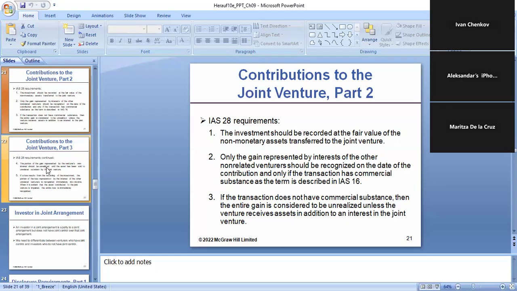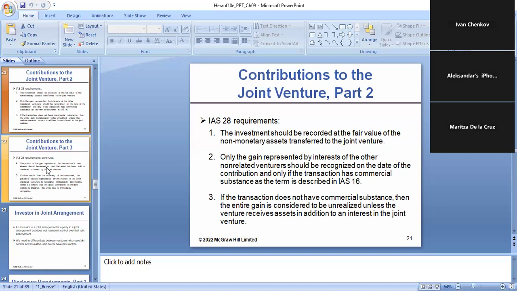If the transaction does not have commercial substance, then the entire gain is considered to be unrealized unless the venturer receives assets in addition to the interest in the joint venture. Basically, it's treated the same way as when we're replacing one asset with another. We're checking whether there is commercial substance or not. If there's no commercial substance, and one asset is just replacing another, we're going to record an unrealized gain.